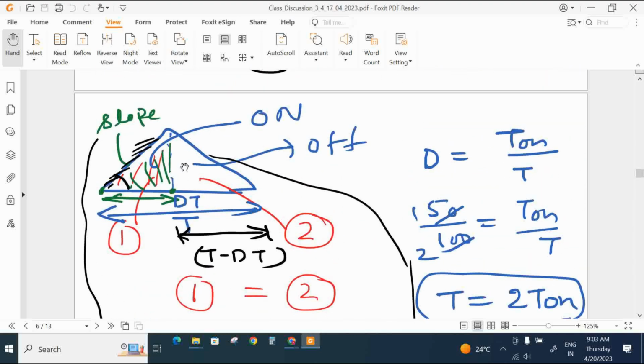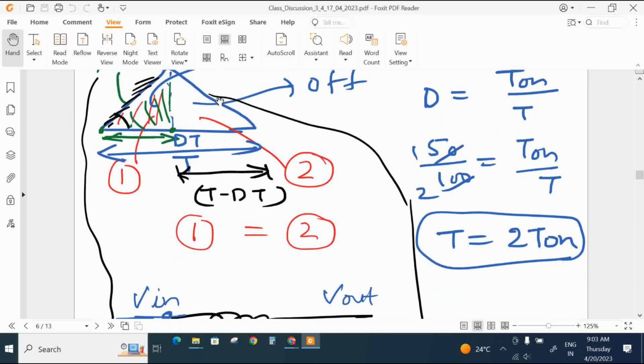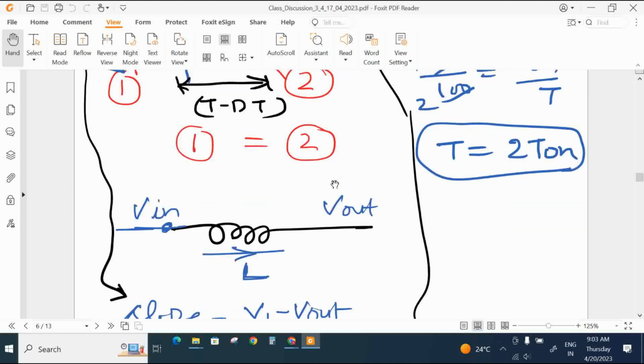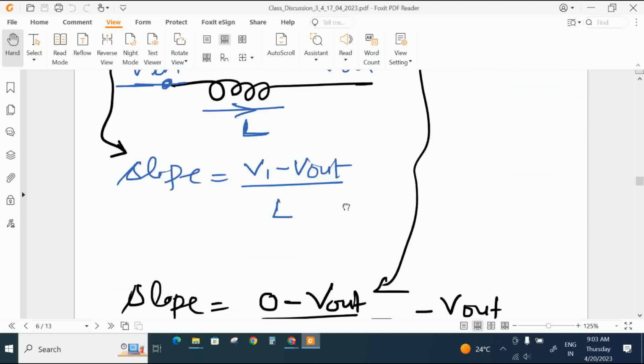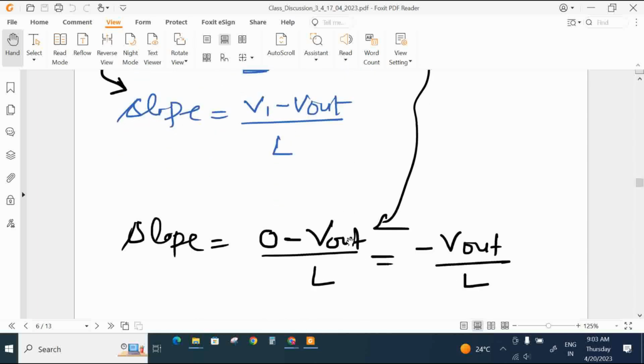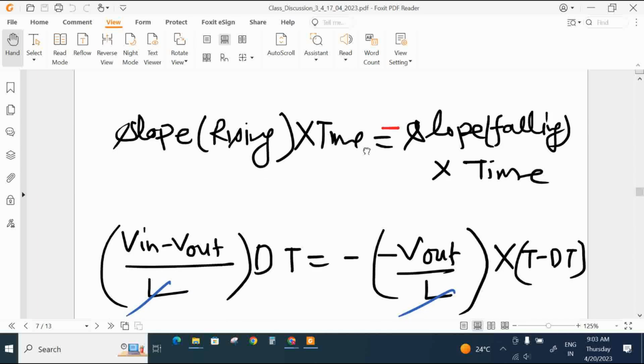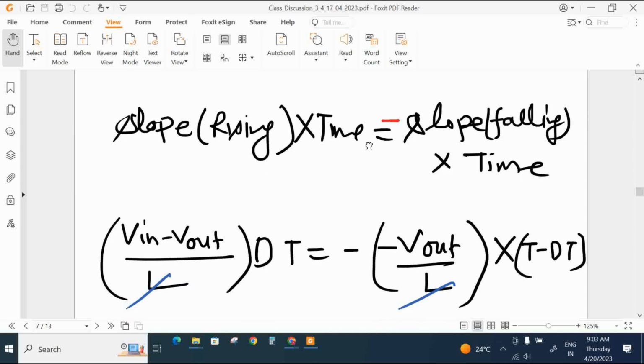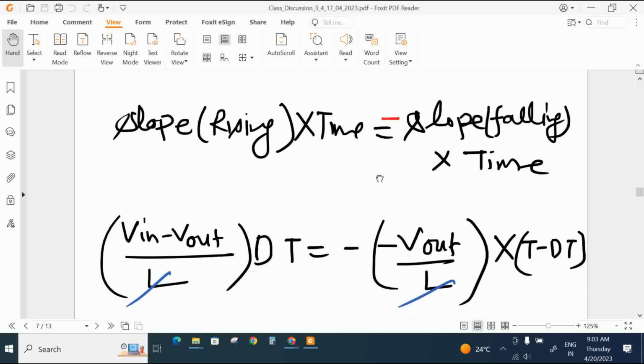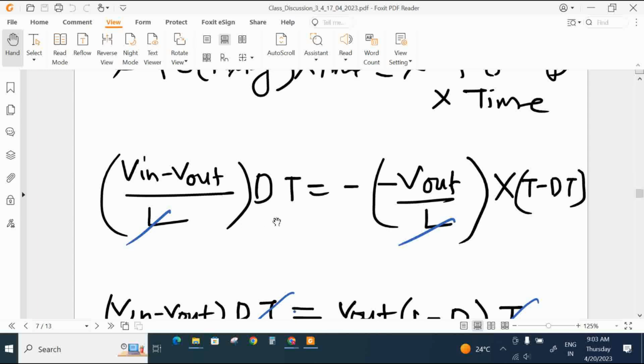For the falling, what happens? The falling will be like that, again negative. That's why this value comes as minus, 0 minus V out upon L. Okay, and we multiply by the time period, and such that we get the complete equation. You multiply V in minus V out by dt for the rising, and by t minus dt for the falling.